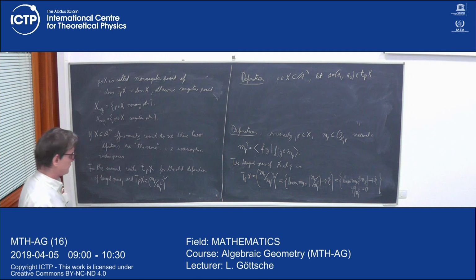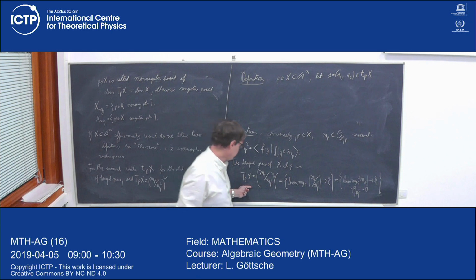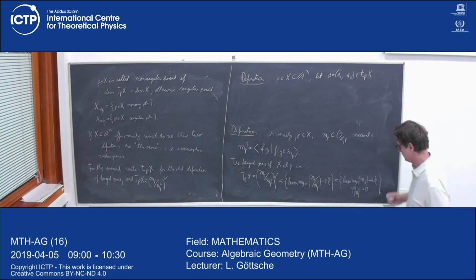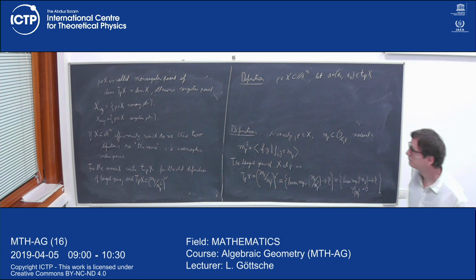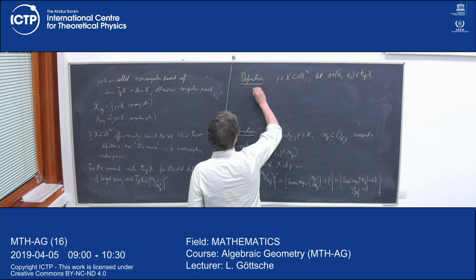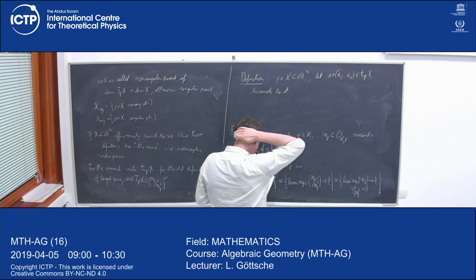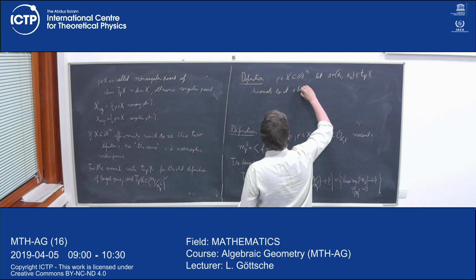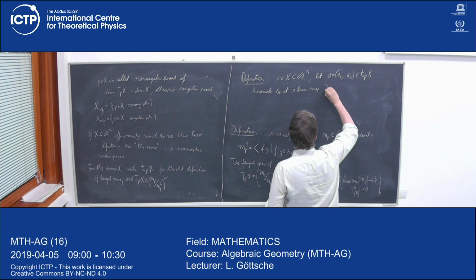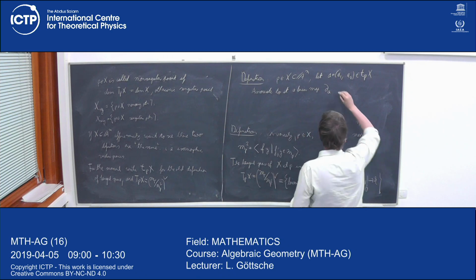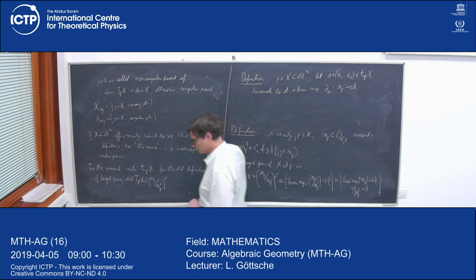And we have to associate to it an element in this tangent space, so that is a linear map from MP to K, which vanishes on MP squared. So we associate to it a linear map, which I write dA, from MP to K, which, as I said, should vanish on MP squared.